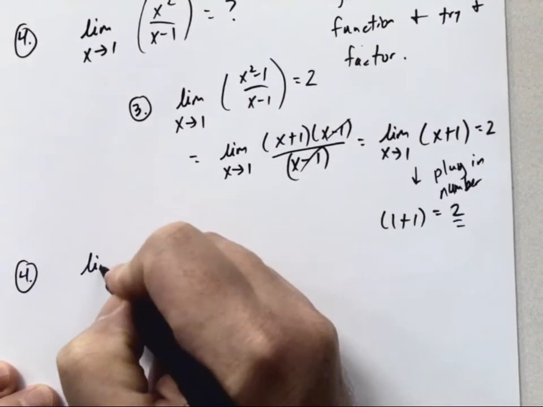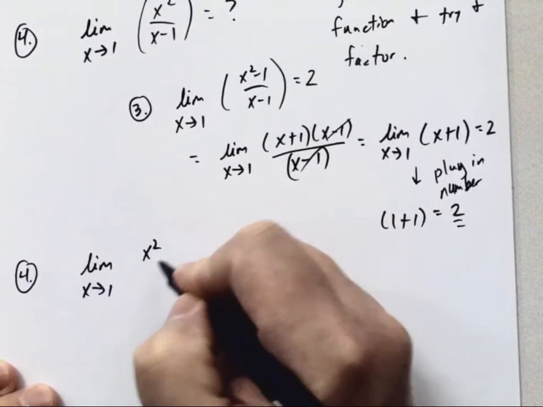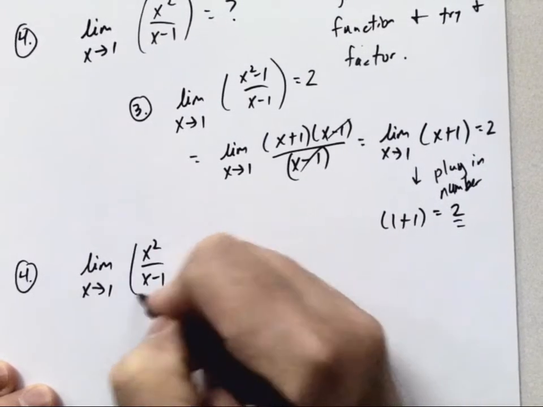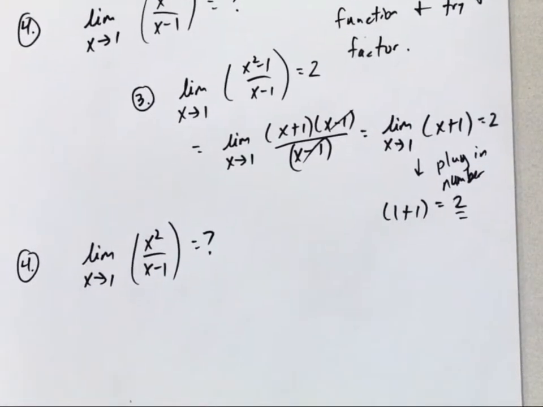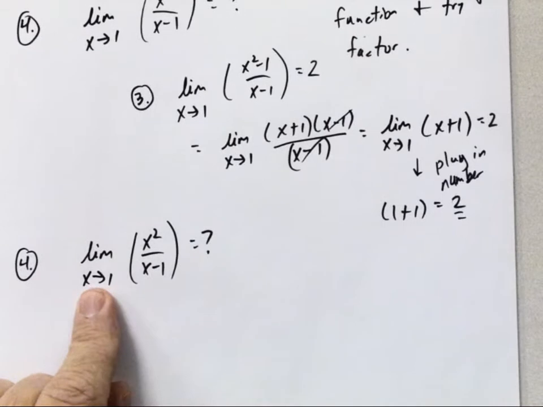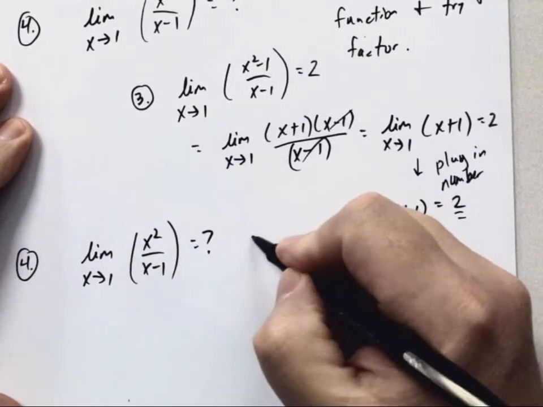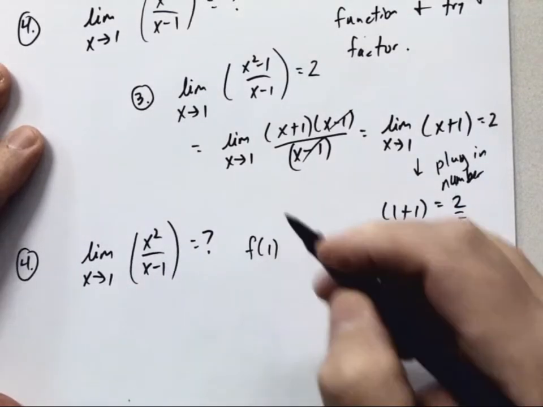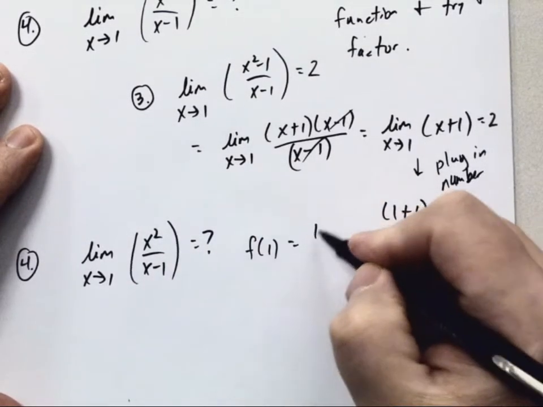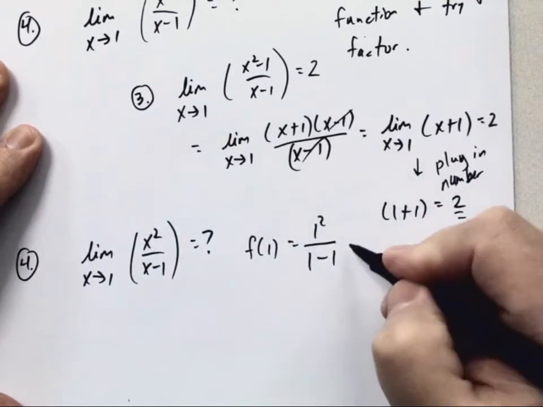So here's the first step, which is always the same. Whatever number x is approaching, go and plug it into your function and see what happens. In this case, x is approaching 1, so f of 1, which is going to be 1 squared over 1 minus 1.